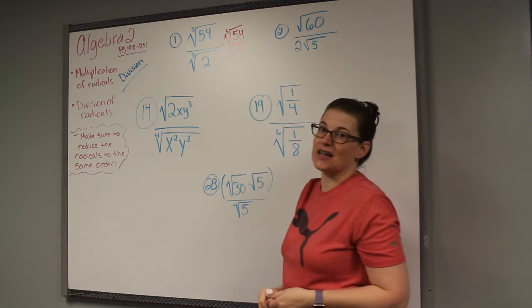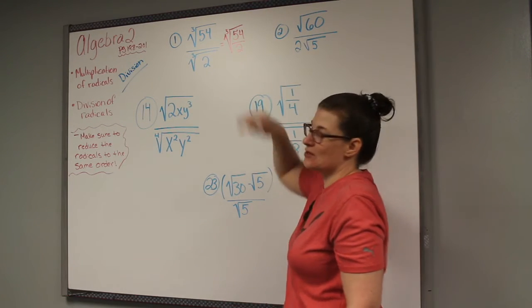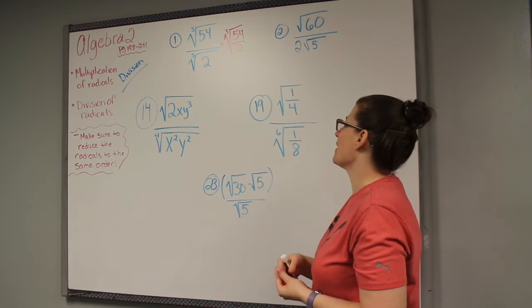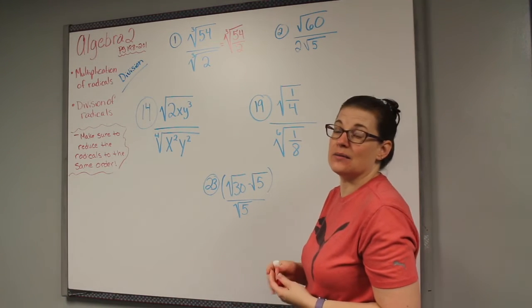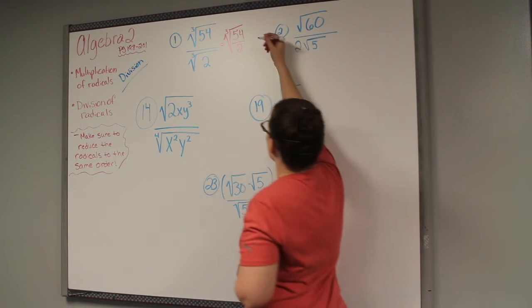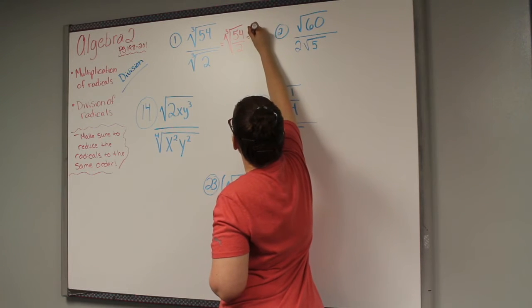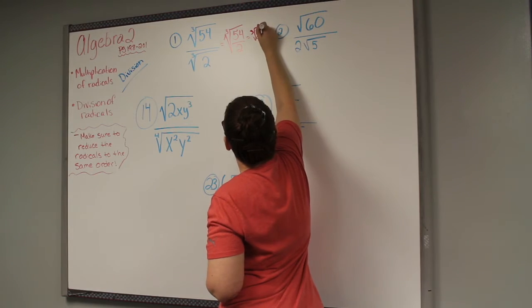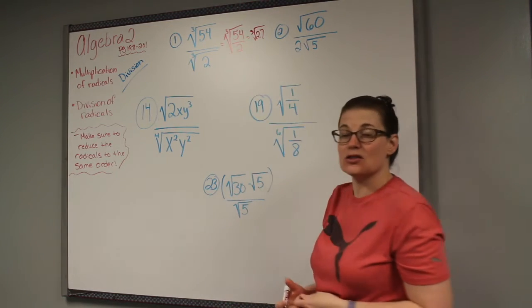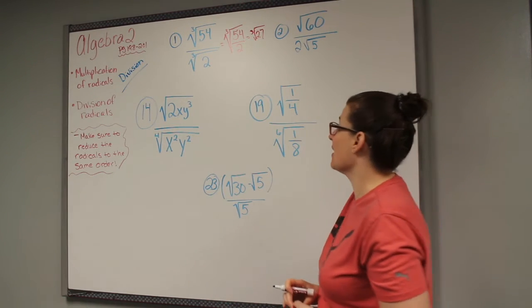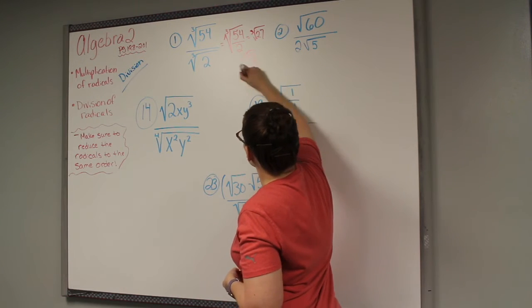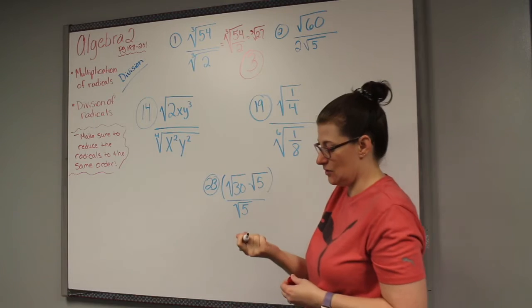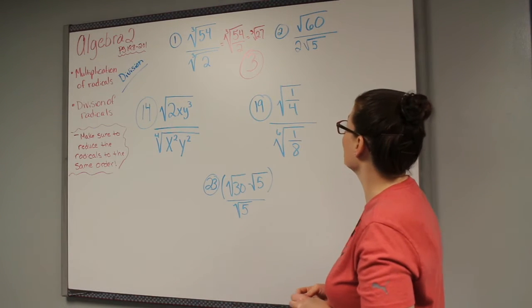This and this is the exact same thing, except for when it's all under the same radical, you can do the simplification of the fraction. So 54 divided by 2 is 27. So this would be the cube root of 27. Is there a perfect cube of 27? Absolutely. The cube root of 27 is 3. So that is the answer. Sorry for smearing that. I didn't mean to.